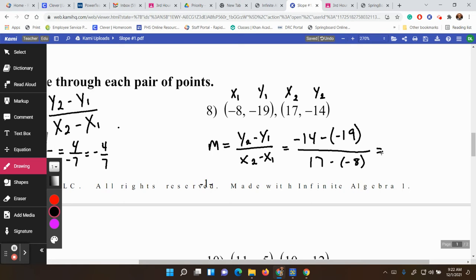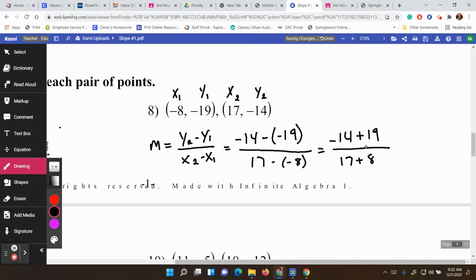Again, two negatives make a positive. So this is negative 14 plus 19, and this is 17 plus 8, which gives us 5 over 25, which is 1/5.